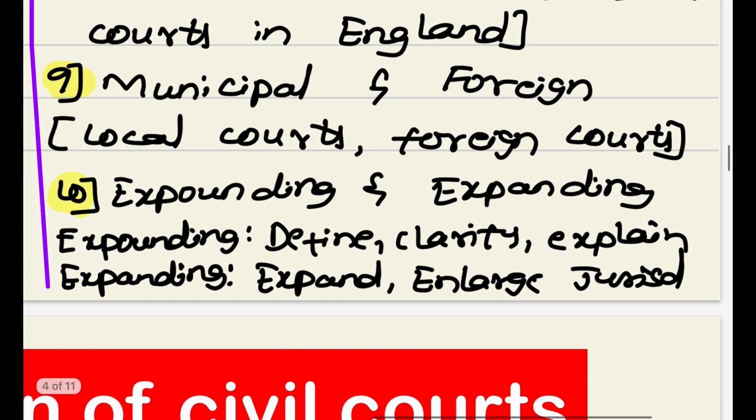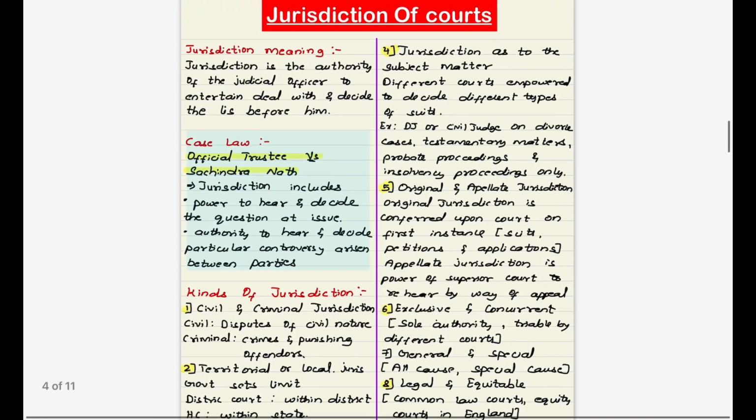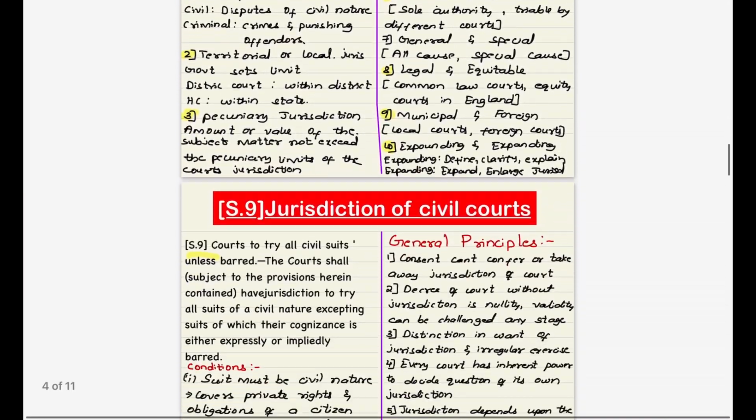Municipal and foreign jurisdiction. Municipal is local courts, and foreign is for foreign courts. Expounding and expanding. Expounding jurisdiction is where they define, clarify and explain the matter, while expanding is to expand and enlarge jurisdiction. So this is jurisdiction of the courts and kinds of jurisdiction.